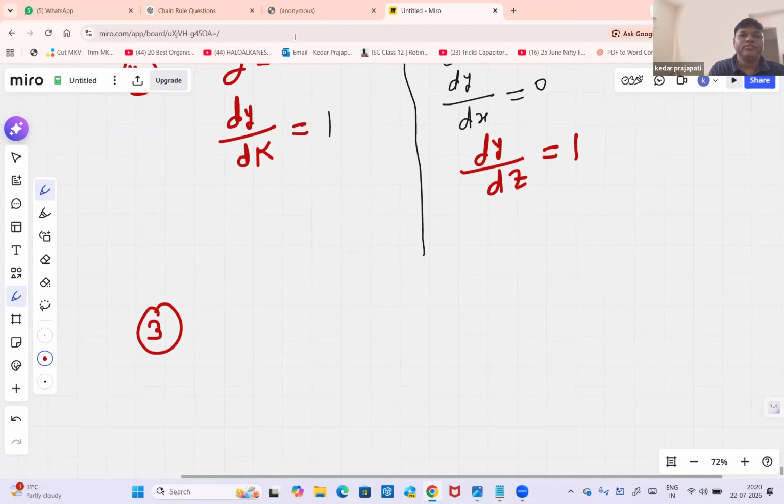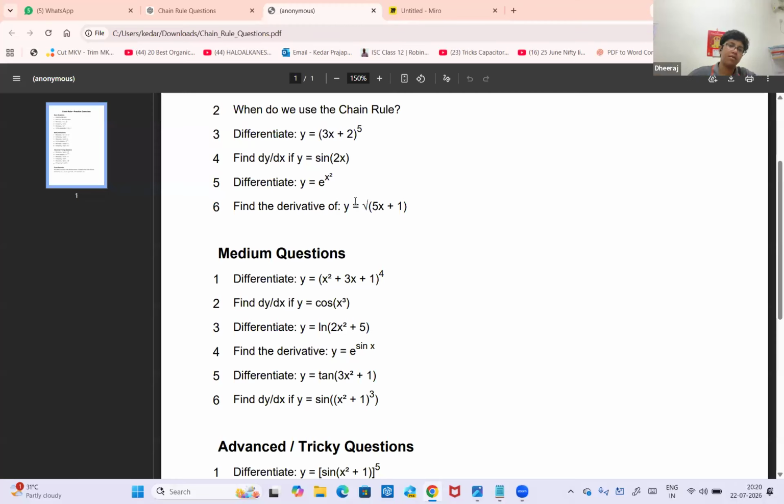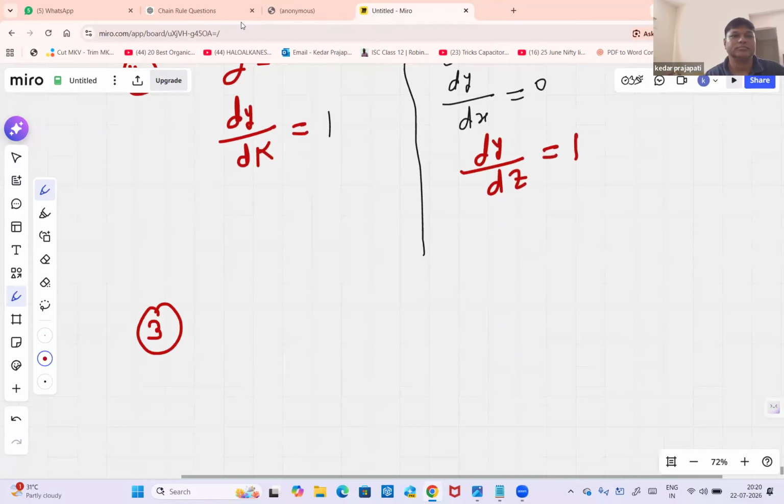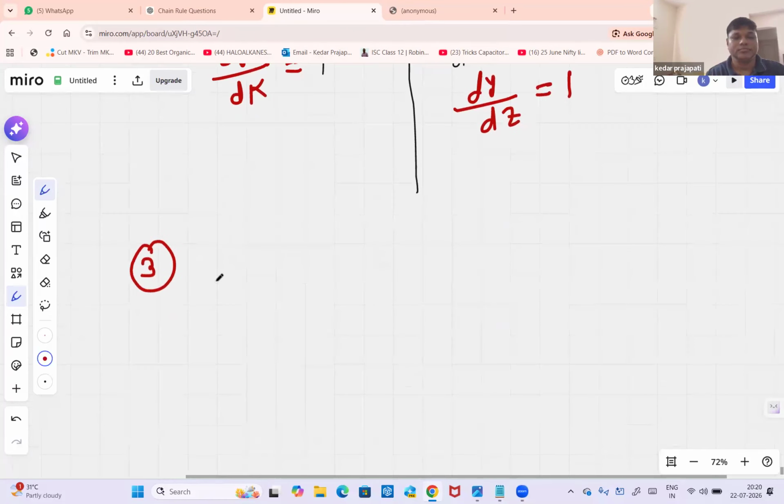So I have some questions. We'll solve together. Y equal to (3x plus 2) to the power 5.